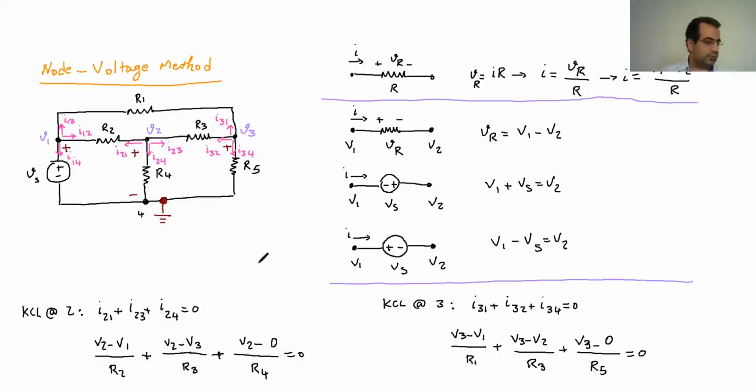After we start to look at some examples, it's going to become a little bit easier to see how we are doing that, but this is how we do it.